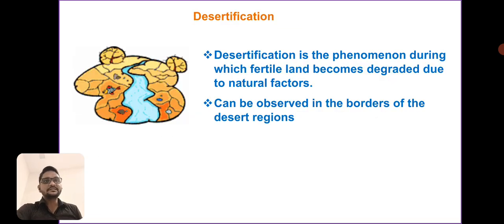Next is desertification. Desertification is the phenomenon during which fertile land becomes degraded due to natural factors, which can be observed in the borders of the desert region.